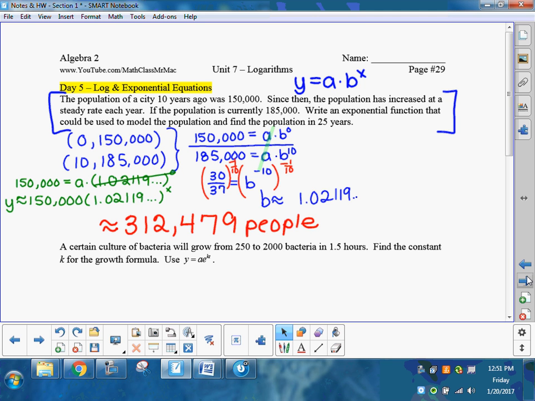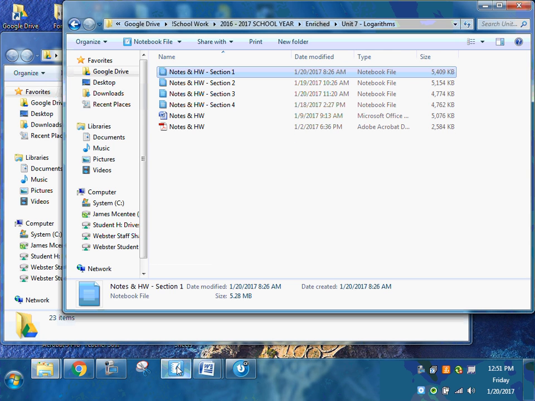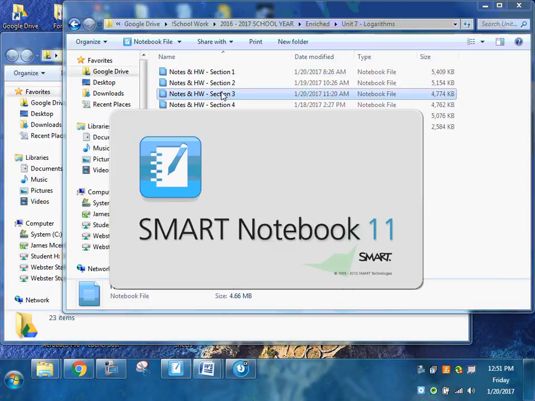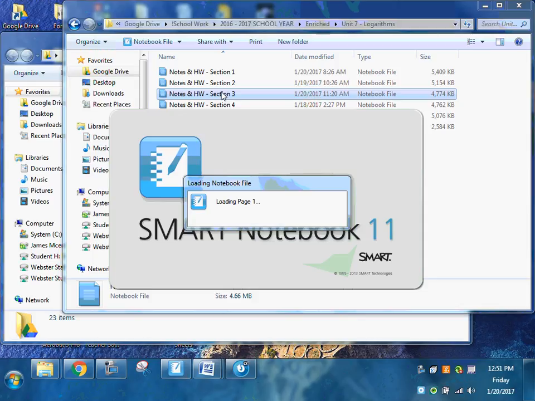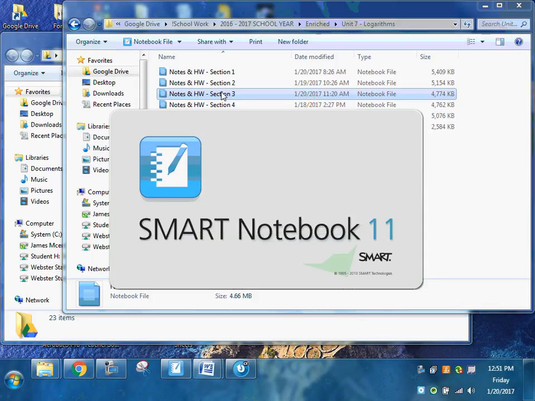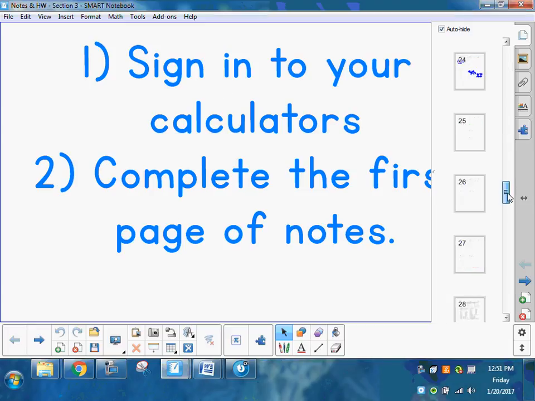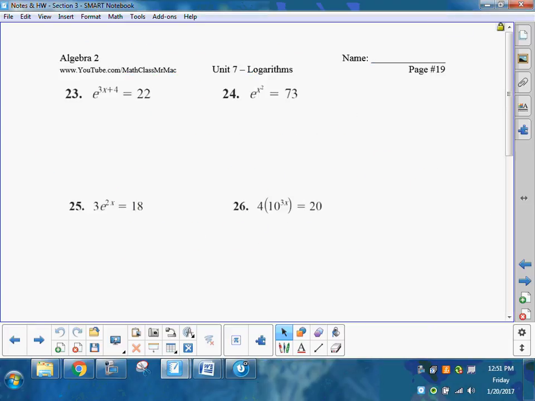Now, let's go over. Have your notes out, please. Open to page 29. Check off today on the front. So again, that checklist is there for you and for me. When is your exam on this going to be? Hands up, please, if you can tell me. When is the test for this unit going to be?